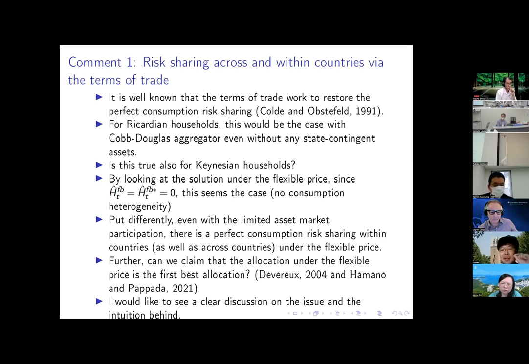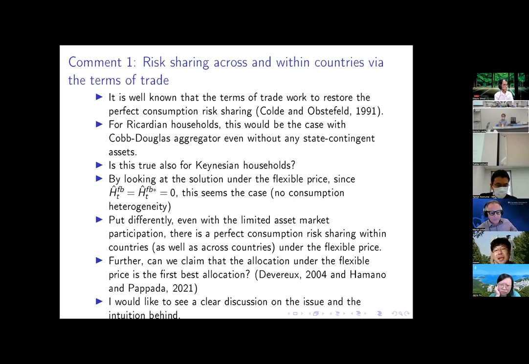So by having Keynesian households, this is my first comment. And by looking at the solution under the flexible price, since we don't see any consumption heterogeneities across two different types of households, this seems the case. And put differently, even with the limited asset market participation and the presence of the Keynesian household, it seems that there is a perfect consumption risk sharing across countries and within countries.